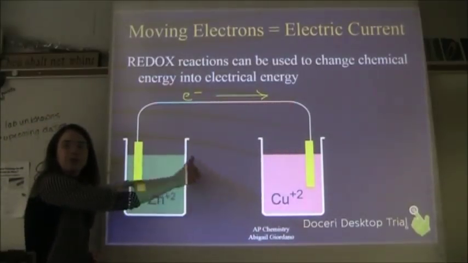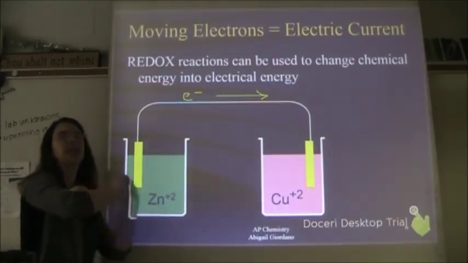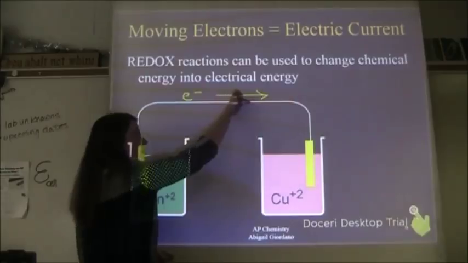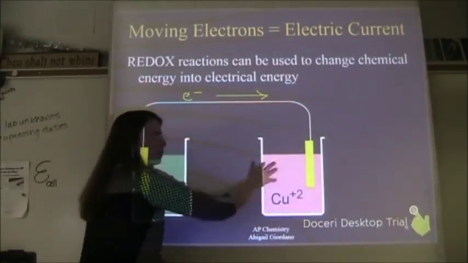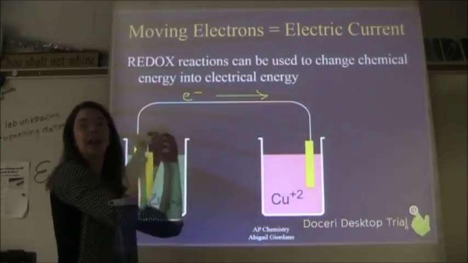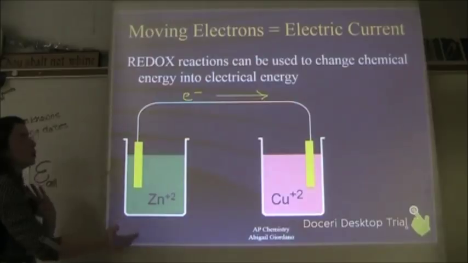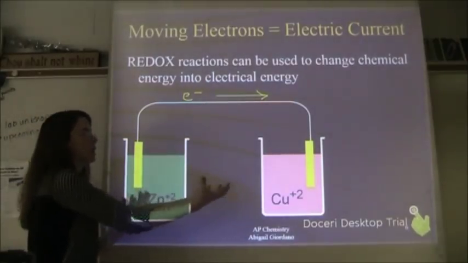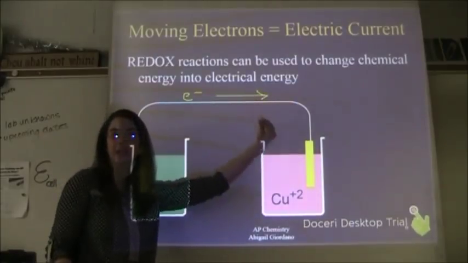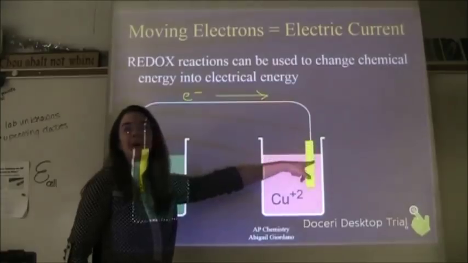Electrons are being produced from this half reaction. Produced, released, given away. They travel through the wire to this half reaction, which, if you'll notice, has electrons being taken in as a reactant. And guys, when you hook together two reactions, one that's giving away electrons, one that wants to take them in, electrons will flow spontaneously.